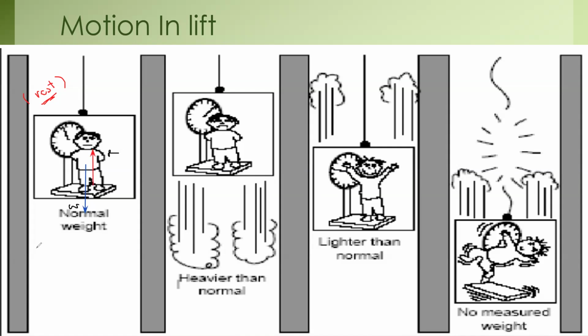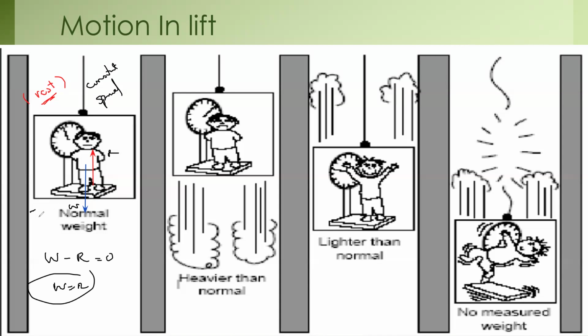So weight is acting downward and the normal contact force is acting upward. Because it is stationary, or moving at a constant speed, in both cases, what will happen? In that case, the weight minus the normal contact force is equal to 0, or weight is equal to R. Means the normal contact force will be the same as the weight of the person.